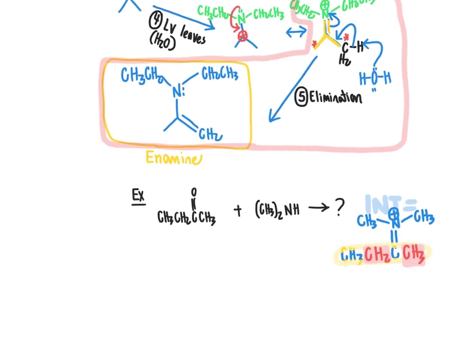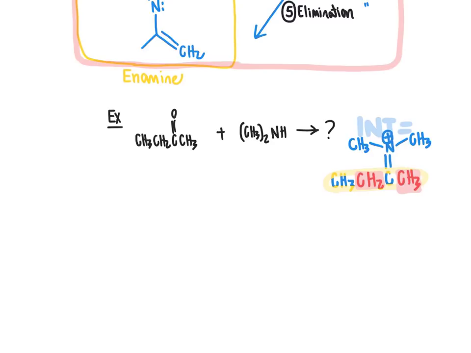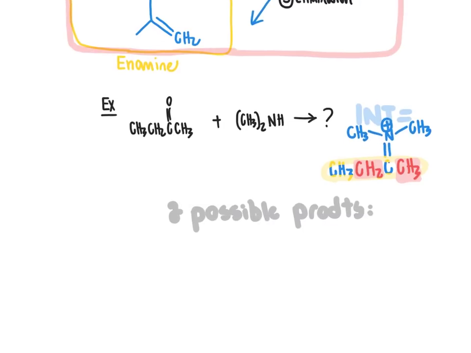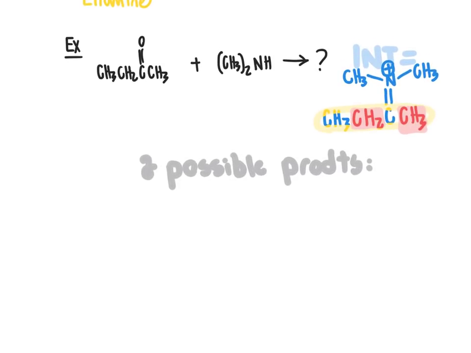So there's going to be 2 possible products resulting from this. Those 2 possible products are going to correspond to deprotonating at either of those 2 carbons that we see in our structure there.